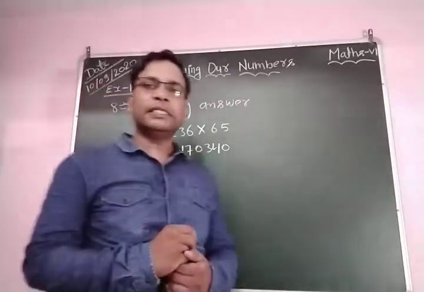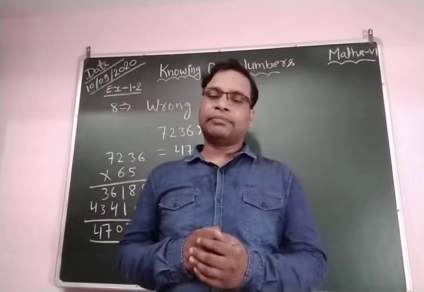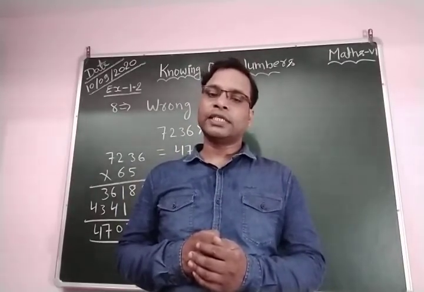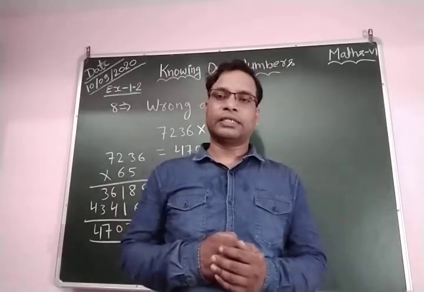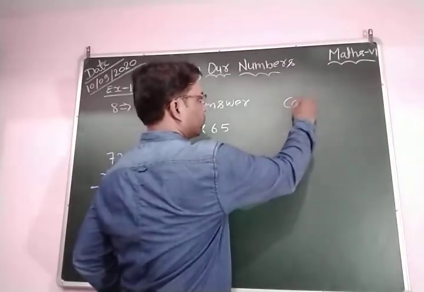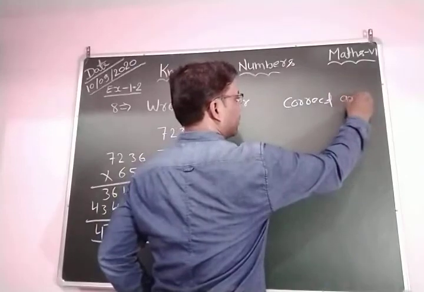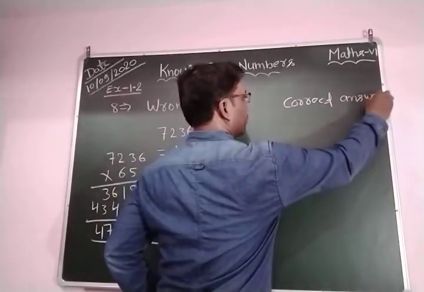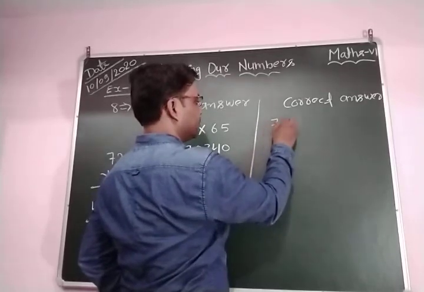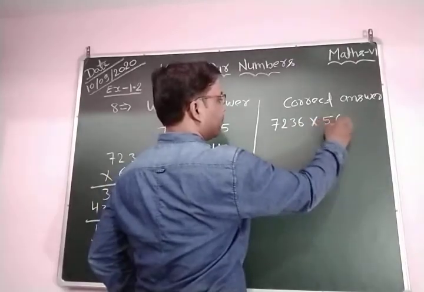So what is the correct answer? When you multiply 56 by 7,236, we obtain the correct answer. Correct answer is equal to 7,236 into 56.